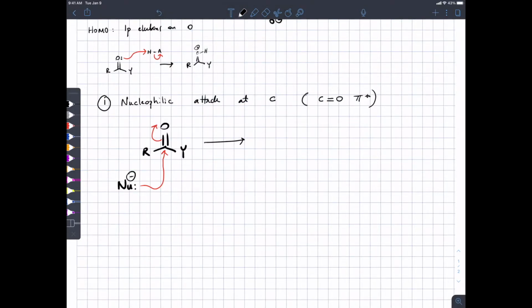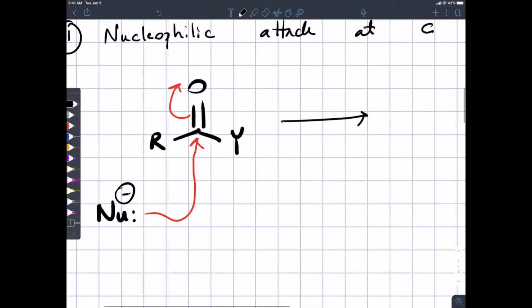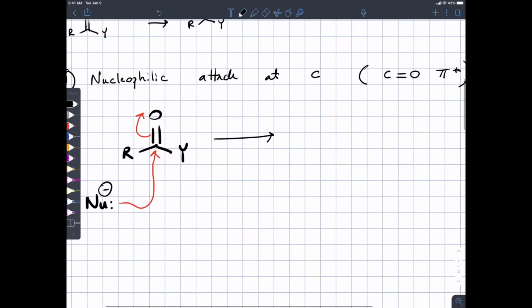Notice that in the carbonyl compound, the carbon is sp2 hybridized, which means the geometry around this carbon is trigonal planar, right? So the carbonyl compound is flat. However, when the nucleophile attacks, we now have 4 things attached to the carbonyl carbon instead of 3.